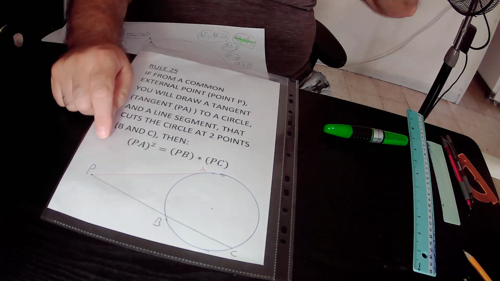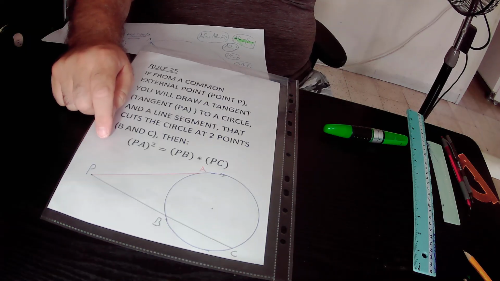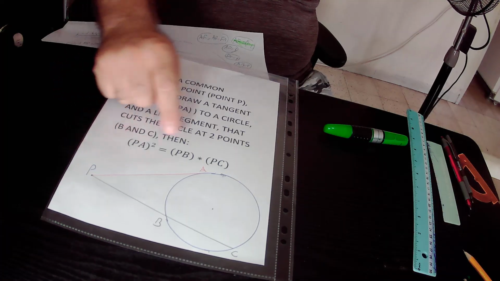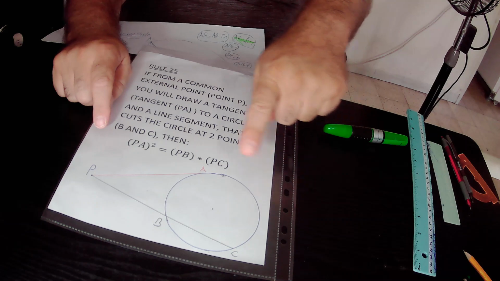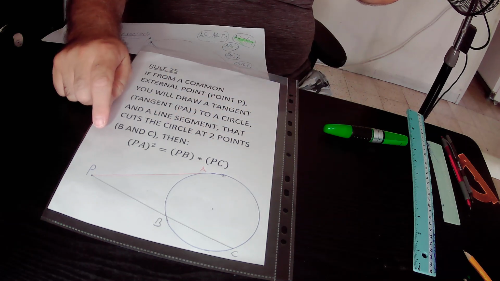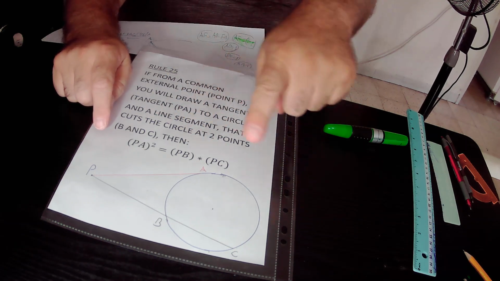This rule is also defined as the tangent secant rule, because PA is a tangent and PC is a secant that cuts the circle at 2 points, B and C.